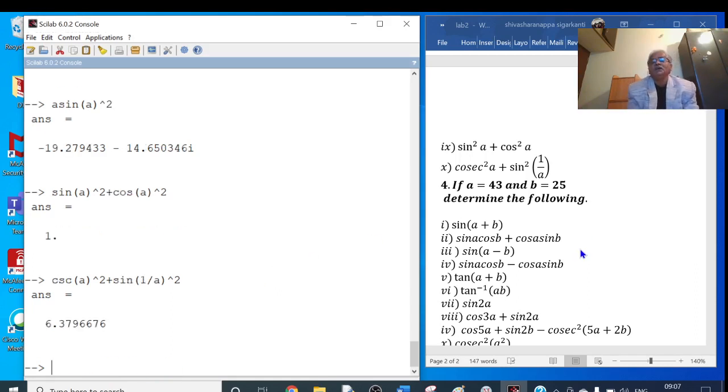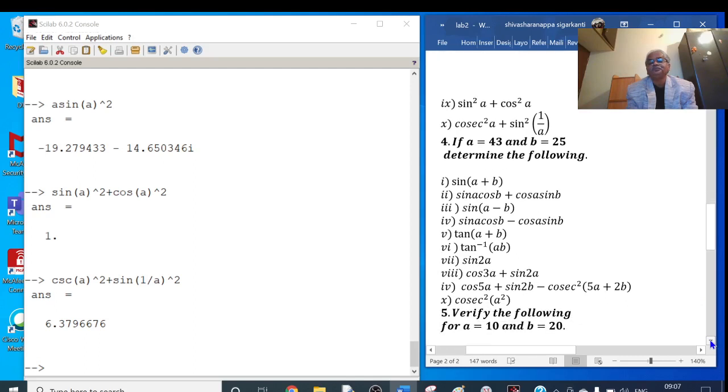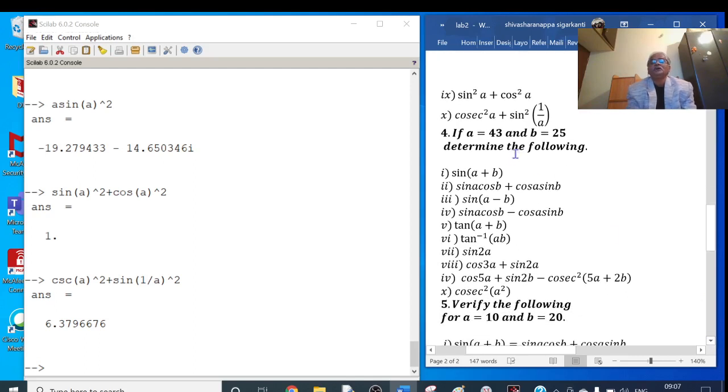The next example is: A equal to 43, B equal to 25. Determine the following.